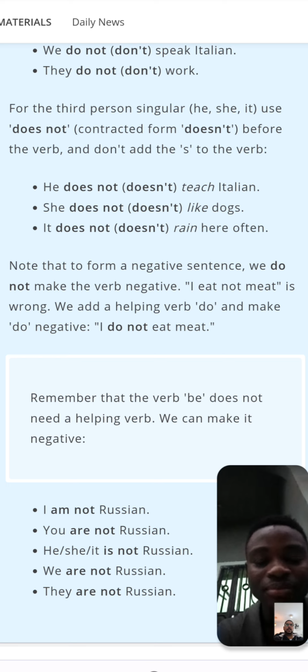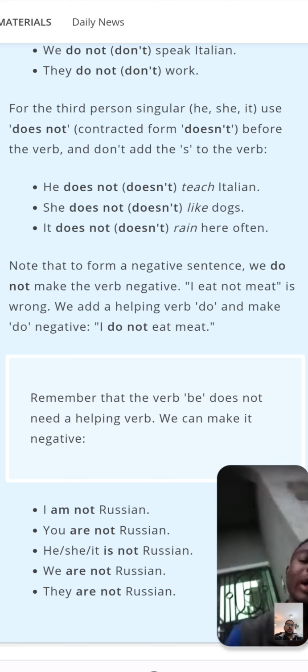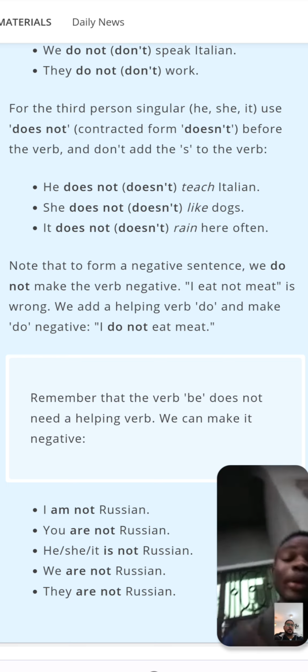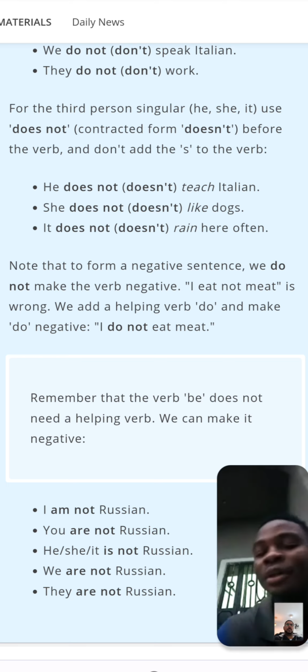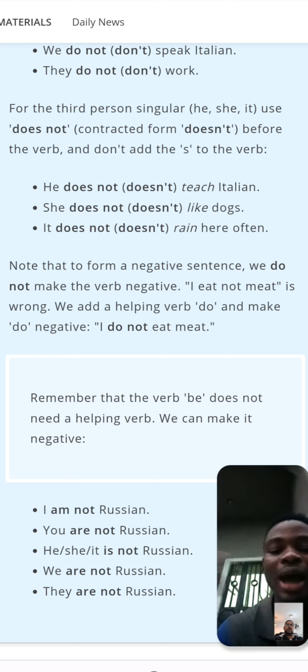Usually in such situations, we add the helping verb do and we make the helping verb negative by placing not after it. I do not eat meat. Okay. Good.